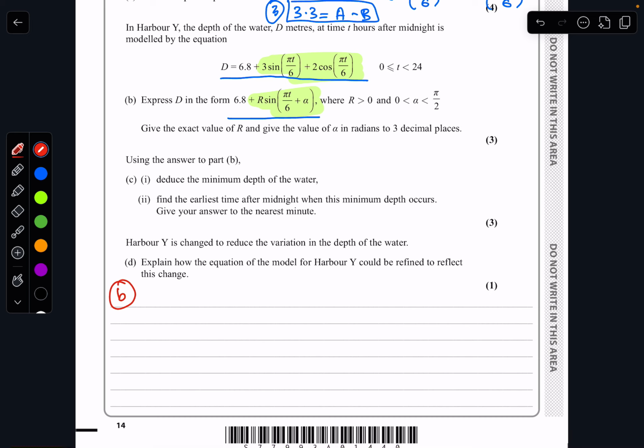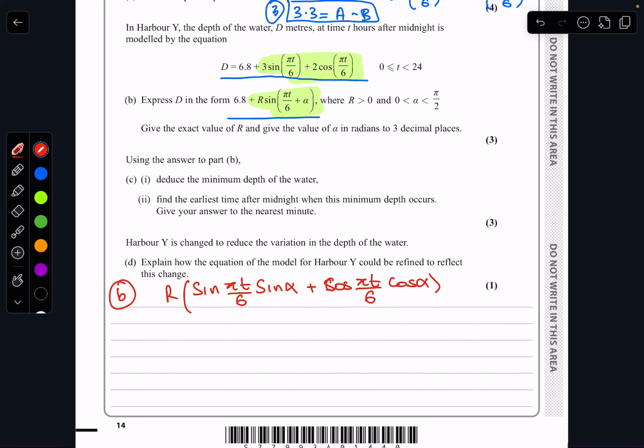So for part B, that would be equivalent to r bracket, and if you expand this bracket using the addition formula, which is given to you in the formula booklet, that gives us sine pi t over 6 sine alpha plus cos pi t over 6, and that would be cos alpha.